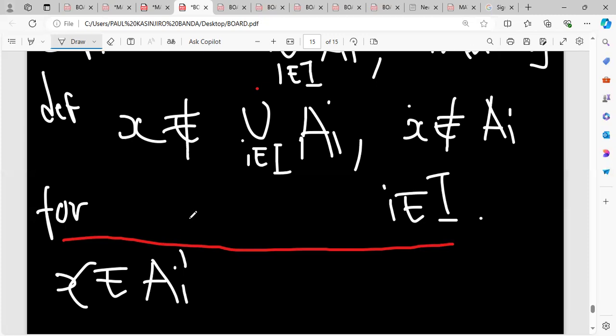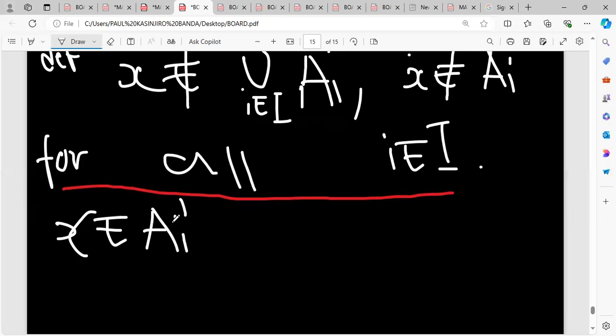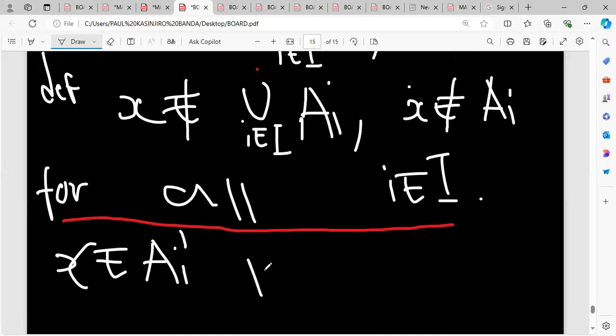So here we are going to say for all i in I. Since we have that, it means that X will be a member of the AI complement for all i in I, right? Yeah, this works.